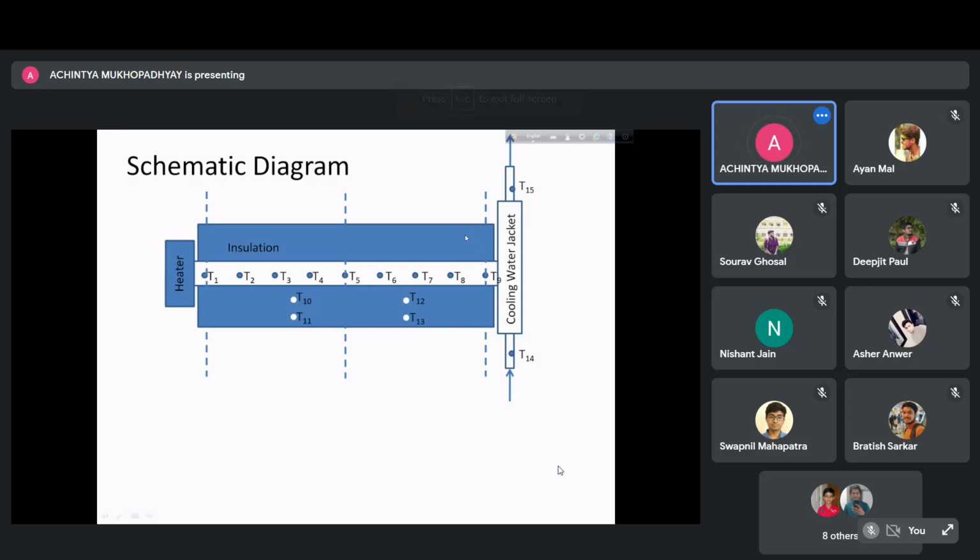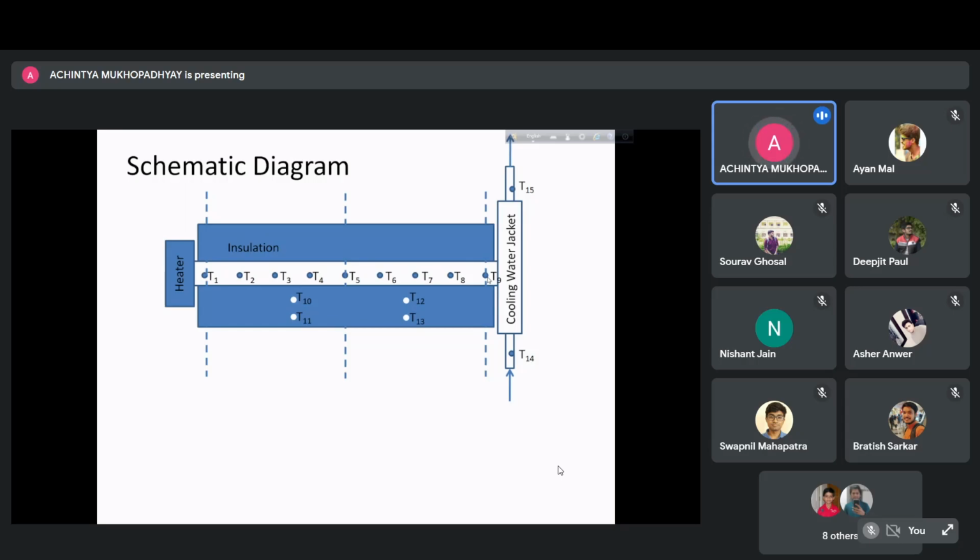And on the rod itself there are 9 locations at which thermocouples are placed to measure the temperature. So 9 equally spaced locations from where we can get the temperature, which gives us the temperature profile in the metal rod. Okay.